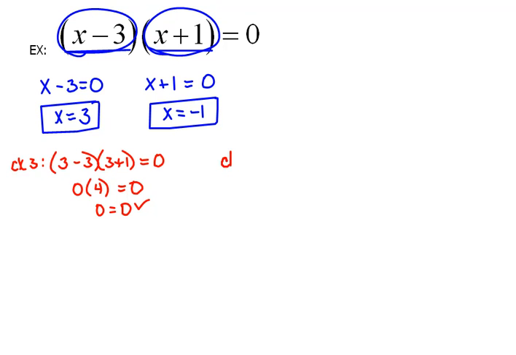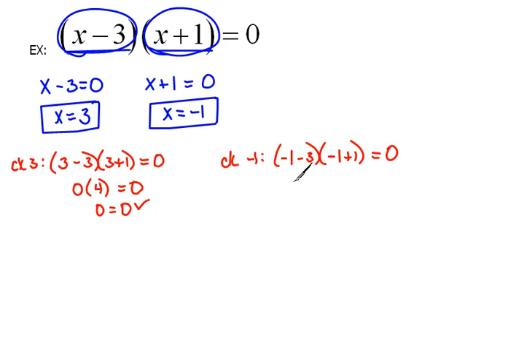We can also check the negative 1 if we want to. Again, if this is truly a solution, we should be able to plug it back into the problem and it should make sense. So everywhere I see an x, I'm going to replace that with a negative 1. Negative 1 minus 3 times negative 1 plus 1 should equal 0 if we're correct.